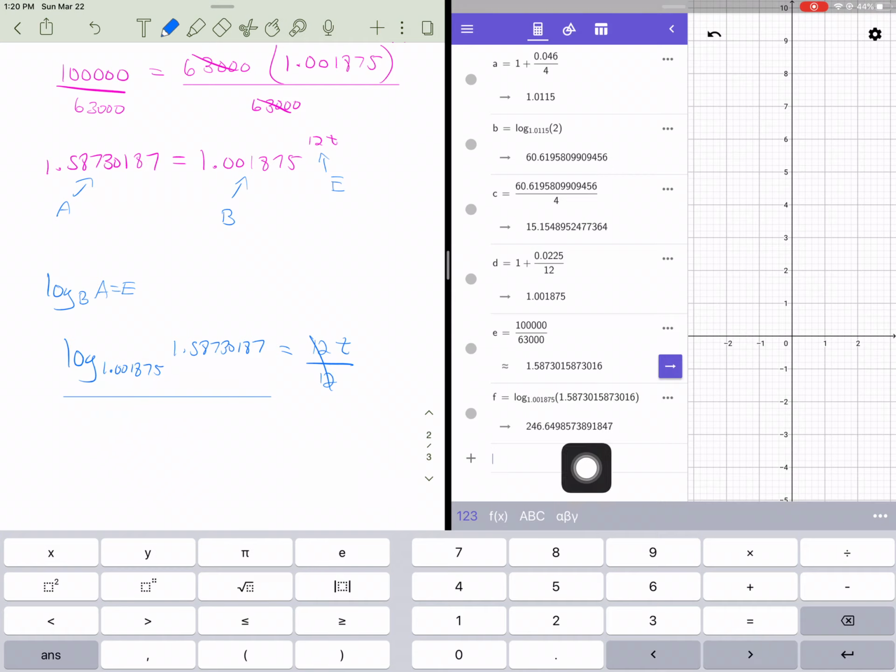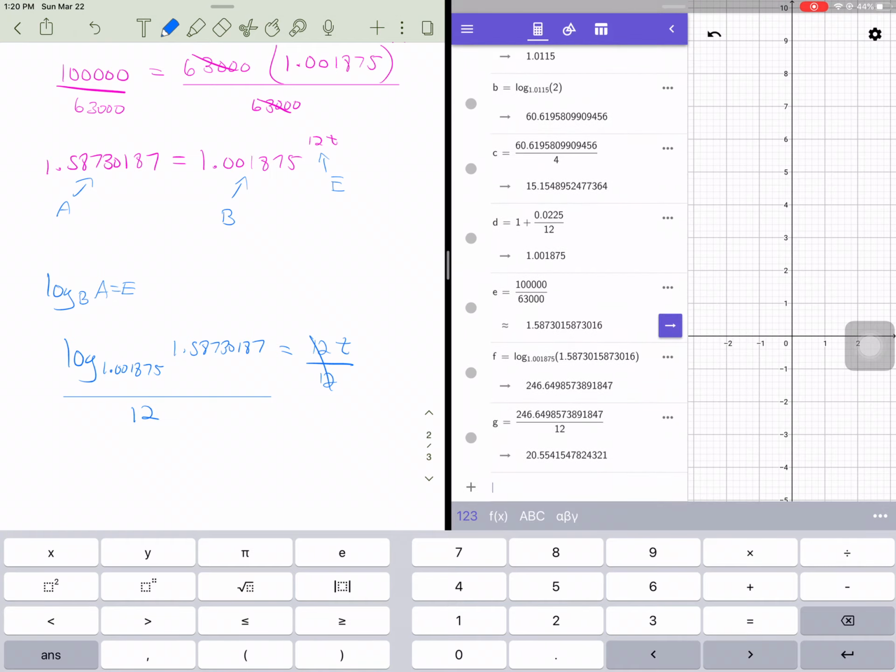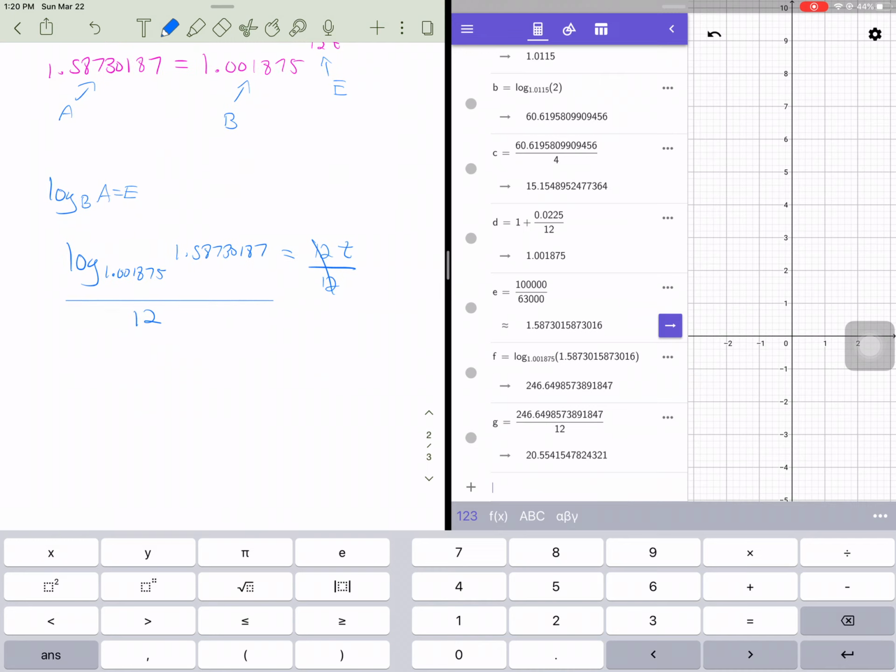I'm trying to save myself time. 246.649857, on and on and on. So I'm just going to divide that number by 12. So answer divided by 12, and there you go. Time equals 20.554, which to the nearest hundredth is 20.55 years.